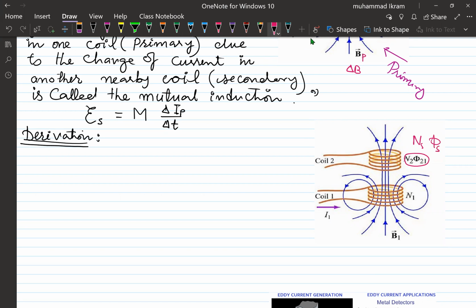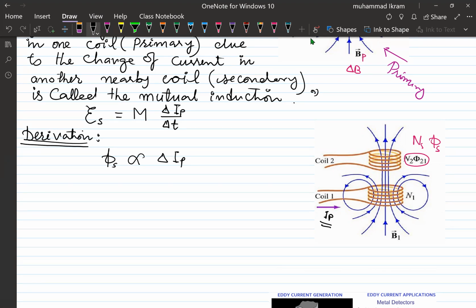Okay, so now look, experiment shows that the change of flux in the secondary is directly proportional to the rate of change of current in the primary coil. As I told you, this is the current in the primary. So remember, we do not need a steady or constant current. This will be a changing current, right?